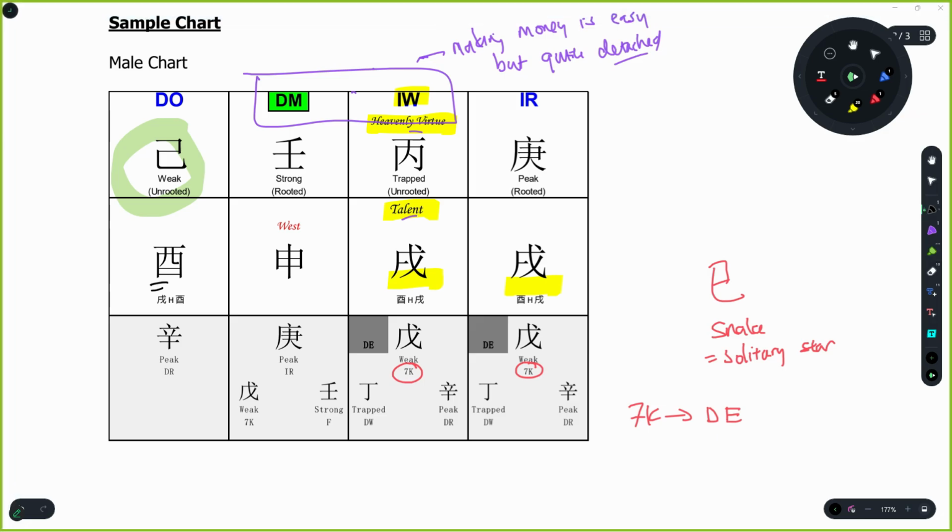Therefore, this pillar, Gui, may be considered to be intercepting road void. So there is an intercepting road void, and here is a Shen, also intercepting road void.